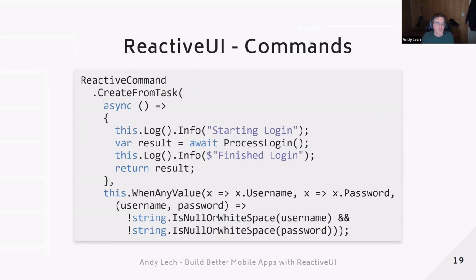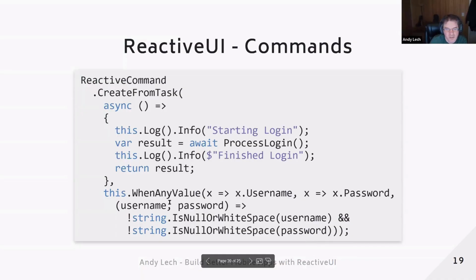Commanding structure. So, taking another one. If you want to create a command that responds, you create the result as an async task. The first block is what you're actually going to do once the second block is satisfied, which is when the username and password are both null or white space.